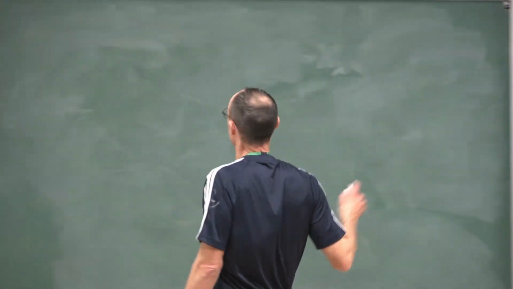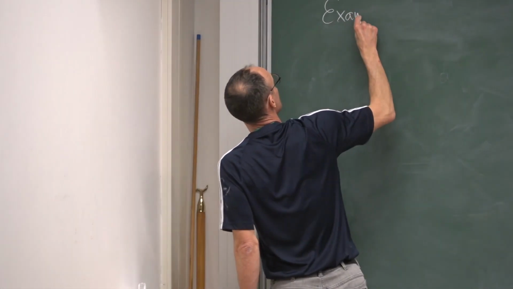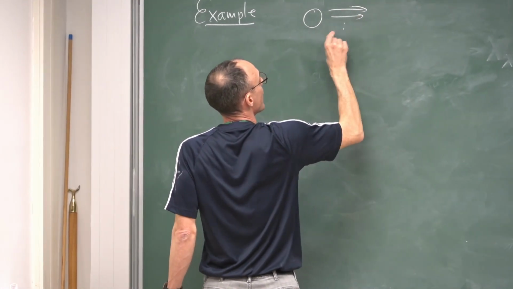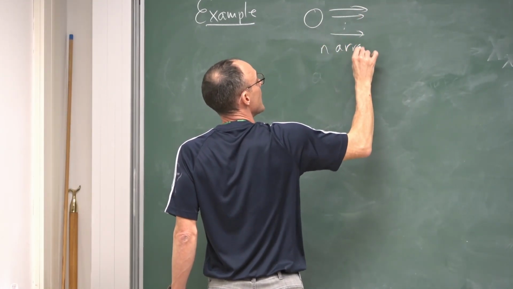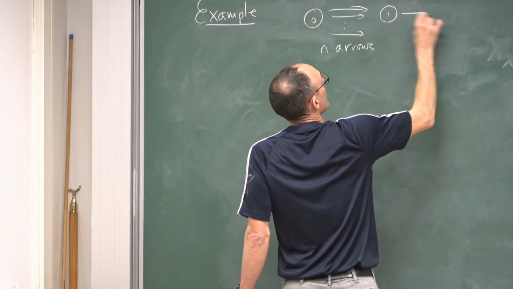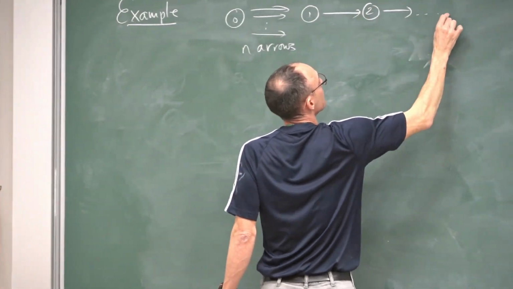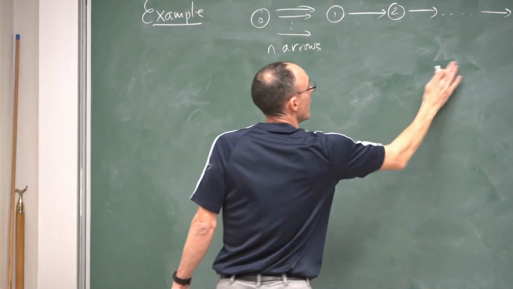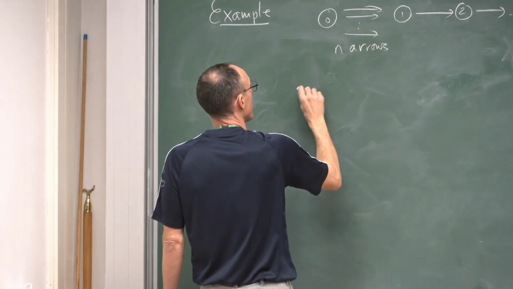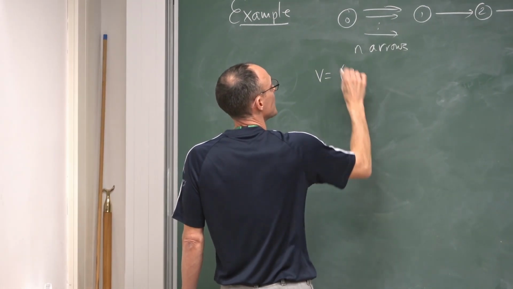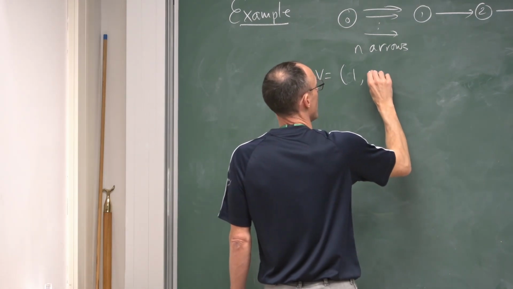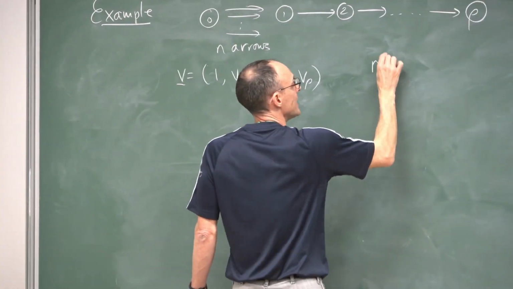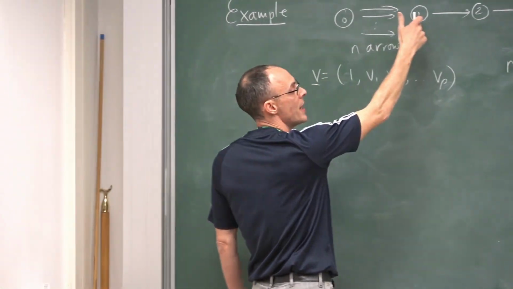And the one other example, just to generalize the Grassmannian, I'll just write this very briefly, is the flag variety of type A. So if I put n arrows in here, just as in the case of the Grassmannian, but then I put a single arrow, let's choose rho vertices, a single arrow everywhere else, and I choose the dimension vector v equals, well, still 1 at the tail, but I put, let's just list them, v1, v2 up to v rho, where I still insist that the dimension here is less than n.